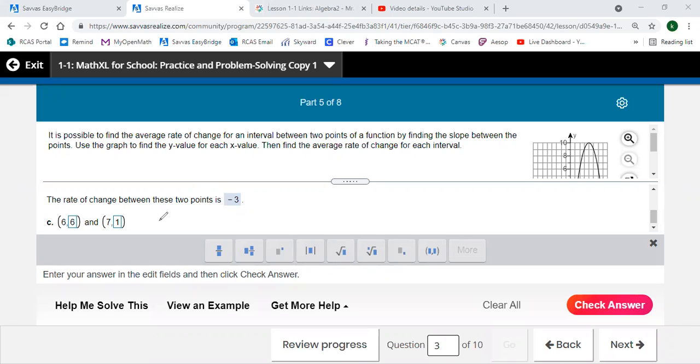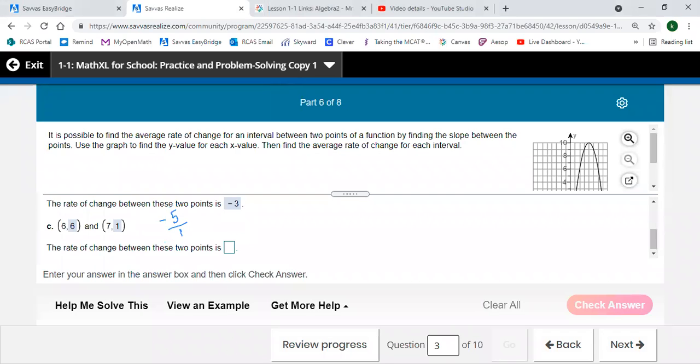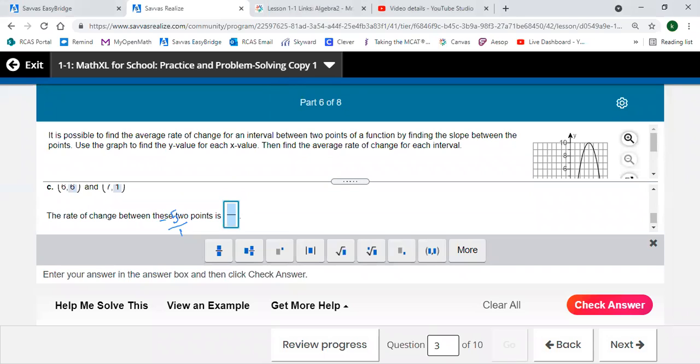So it went down 5 when my x went up 1, right? 6 to the right 1. So I'm going to end up with my slope, or my rate of change, of -5. If you enter it in here as like -5 over 1, it's going to count it wrong. It says it's in the wrong format. So I got to delete that out, just get a non-fraction there since I have a whole number.